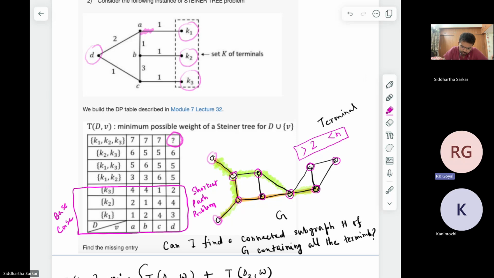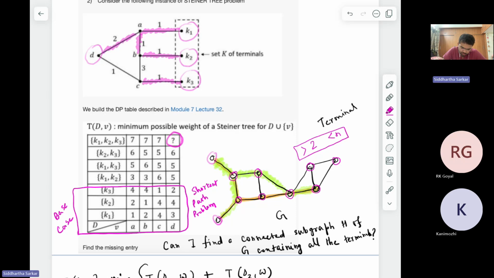K1 comma A, this edge, and then K2 comma B, and then K3 comma C. Then I would like to pick, say, AD and then DC.